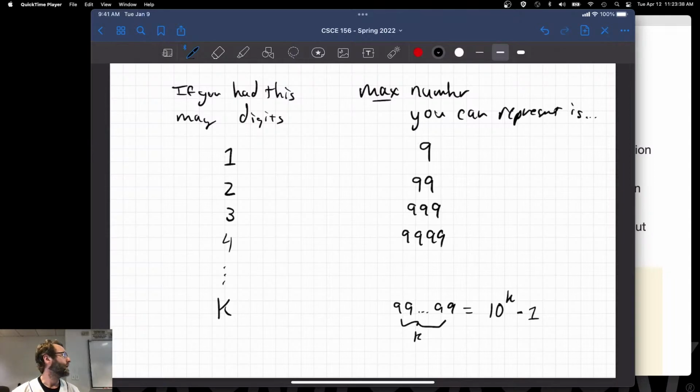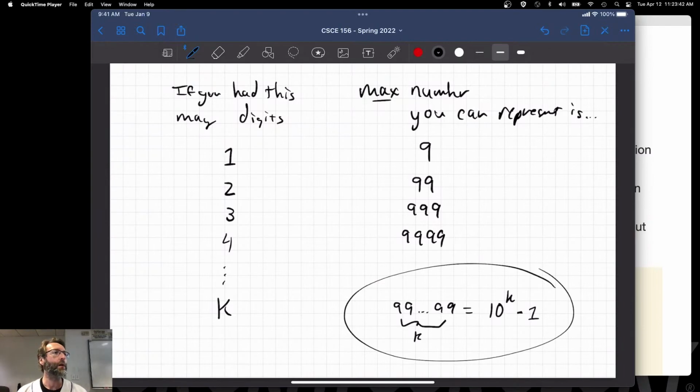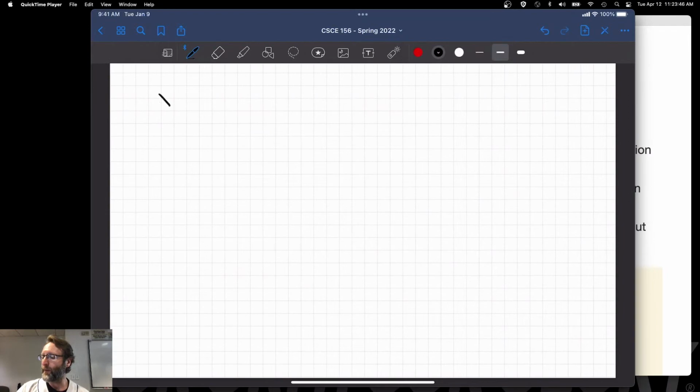Right? Okay. Take this and now solve for k. So the maximum number that I can represent with k digits is going to be x, and that's going to be 10 to the k minus 1. I need to know how many digits it requires to represent x now. In other words, I'm just going to solve for k. So x plus 1 on the other side is equal to 10 to the k.